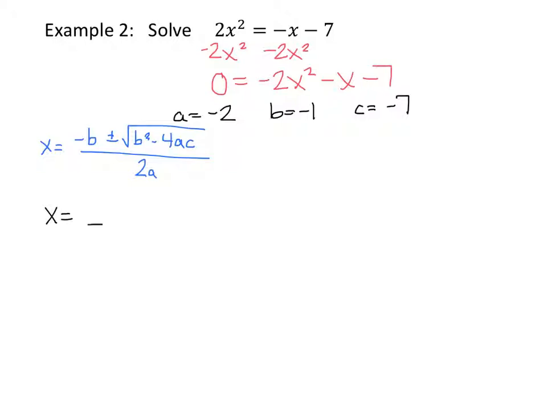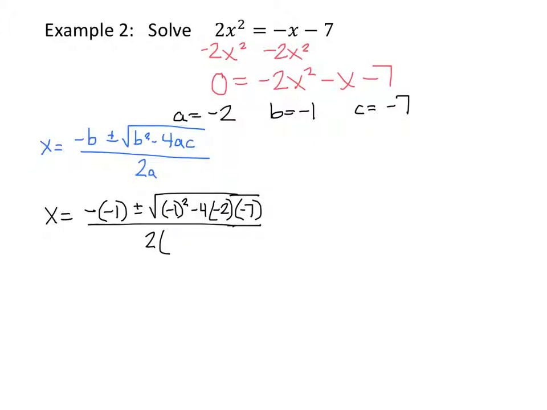All right, so fill it in. X equals big fraction, negative b, so negative times negative 1, plus or minus square root b squared, so negative 1 squared, minus 4 times a, which is negative 2, times c, which is negative 7. It's the only place c gets used. And then 2 times a, which is negative 2 on bottom. Positive 1.